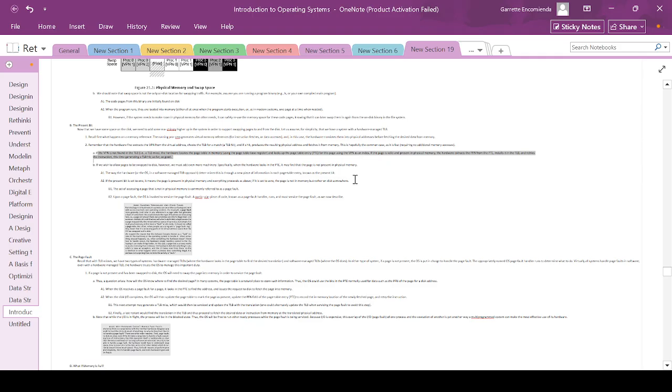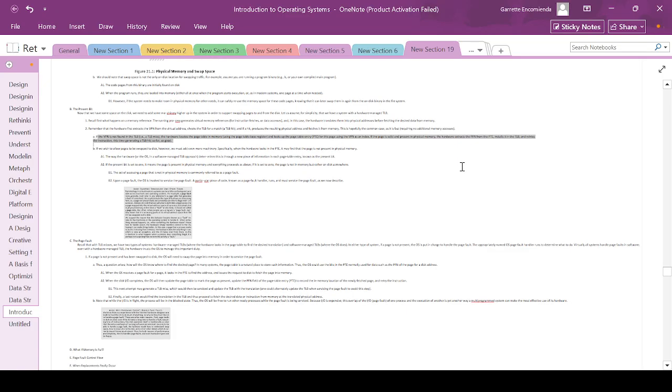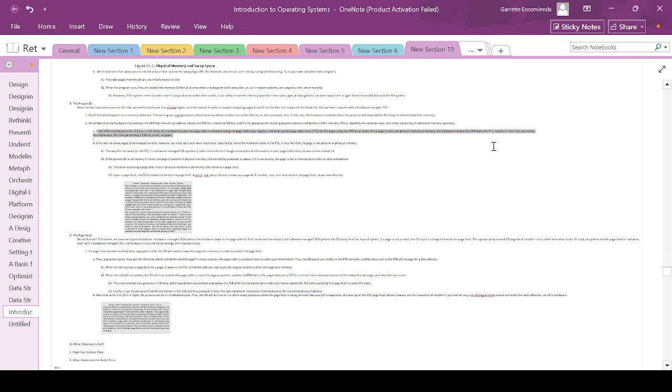So it finds the PTE using the VPN as an index, and we add the offset there, right? If the page is valid in this page table entry and present in physical memory, the hardware extracts the PFN, or physical frame number, from the PTE, installs it in the TLB and retries the instruction, this time generating a TLB hit. So far so good.